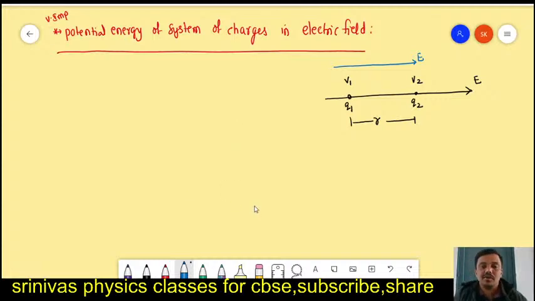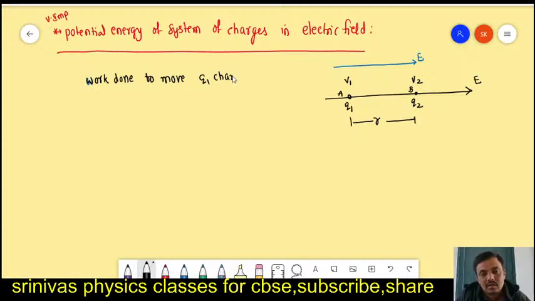Look here very carefully. First, we have to bring the Q1 charge from infinity to this point. This point we can take as A, this point we can take as B. Work done to move Q1 charge from infinity to A. How much work do we have to do?